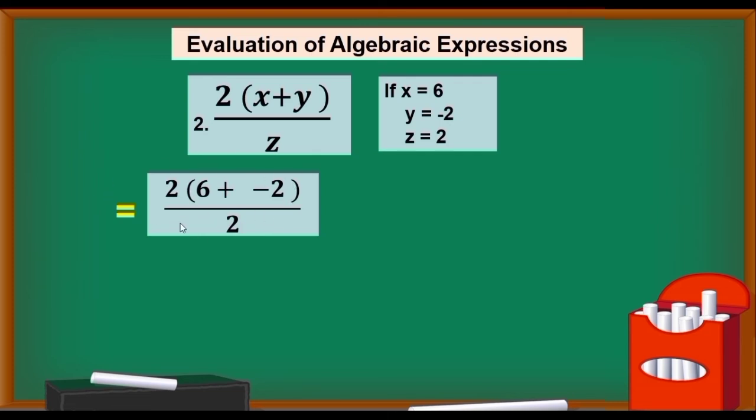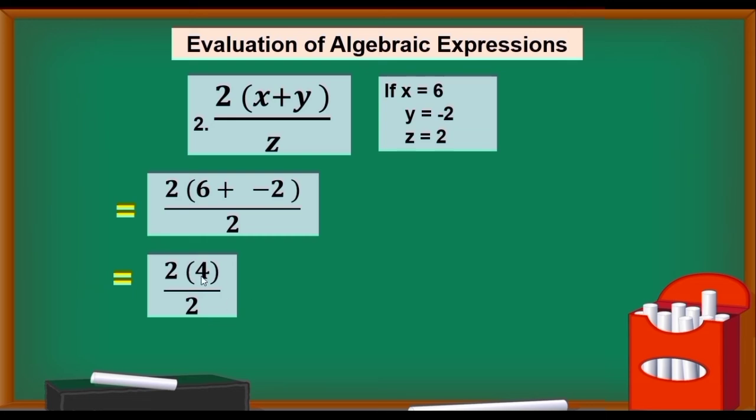So since may grouping symbol pa po, uunahin natin yung nasa loob, yung 6 plus negative 2. So dapat ay natutunan talaga natin yung operation ng integers. And 6 plus negative 2 is 4. So 2 times sa quantity 4 over 2.